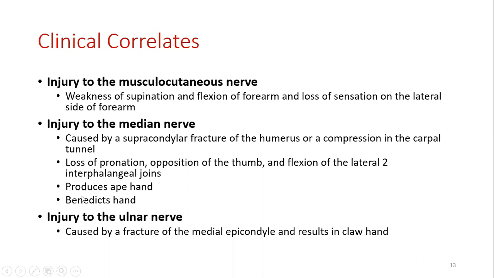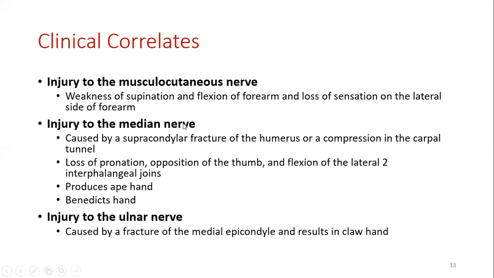Versus injury to your ulnar nerve, you can get this by a fracture of the medial epicondyle, and it can result in claw hand. You can also injure your ulnar nerve in Guyon's canal. So a fracture of the hook of hamate or compression of the ulnar nerve as it passes through Guyon's canal can also cause injury. But he didn't mention that there. I know Dr. Austin has in the past though.